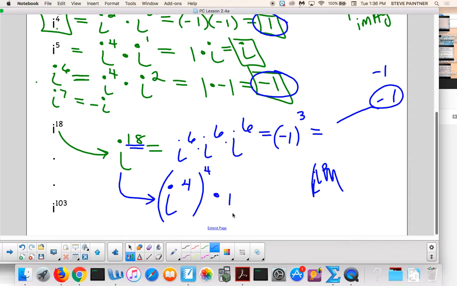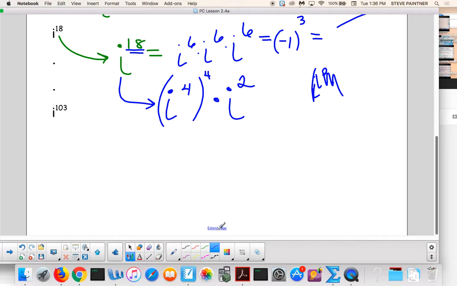But then I'm missing it by how much? 2. Just 2 more. So then I go I squared. Now, what's I to the fourth? 1. So this just says 1 raised to the fourth times I squared. Well, this is just 1, isn't it? And what's I squared? Negative 1. That's it.